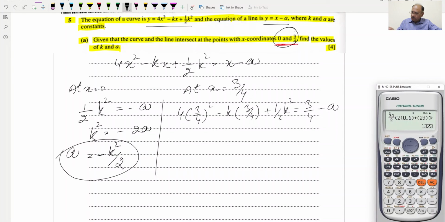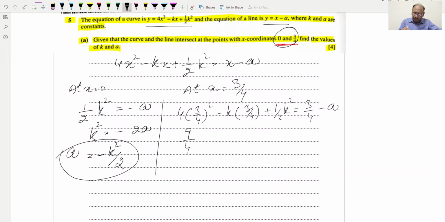This will be 4 into 3 over 4 squared, and this is equal to 9 by 4. So we can write 9 by 4 minus 3 by 4 k, and plus 1 by 2 k squared is equal to 3 by 4, and minus a value, we are replacing this minus, this will be plus k squared by 2.